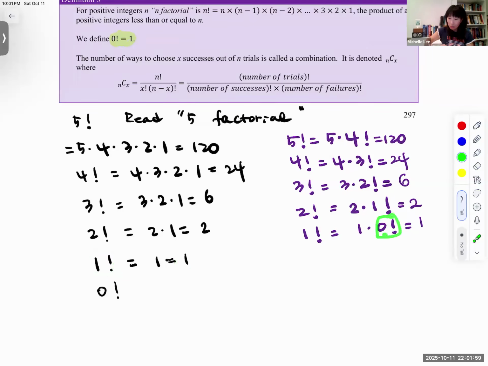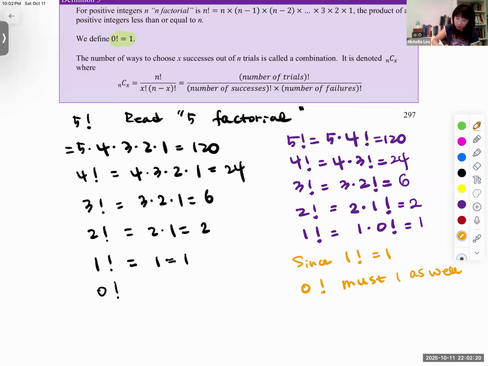Then 0 factorial must be 1, right? Since 1 factorial is 1, 0 factorial must be 1 as well. Is it clear to you? Okay, very good. Now, combination.